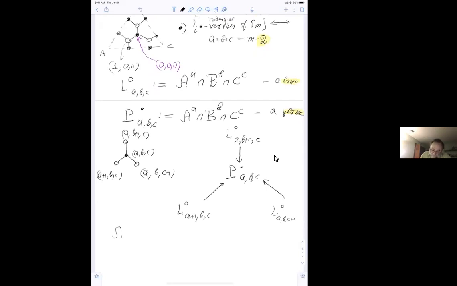Because you have a plus 1, it sits inside of A sub a. And this is how you get this arrow and so on.